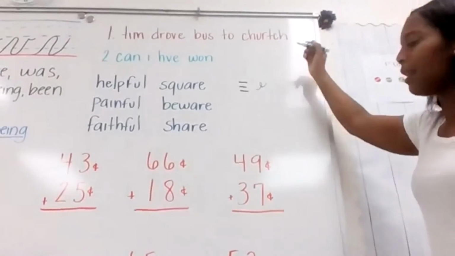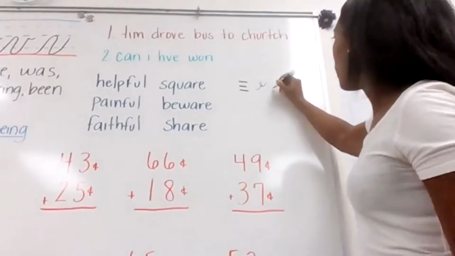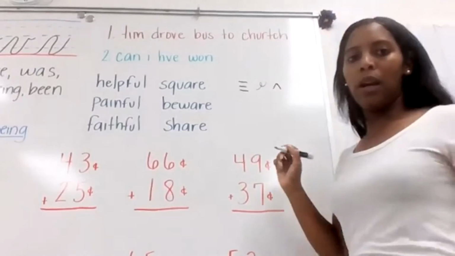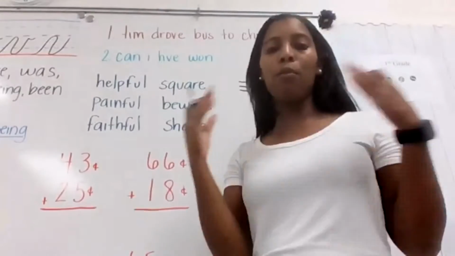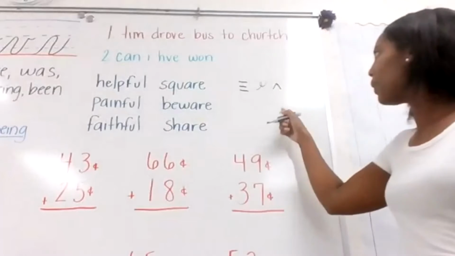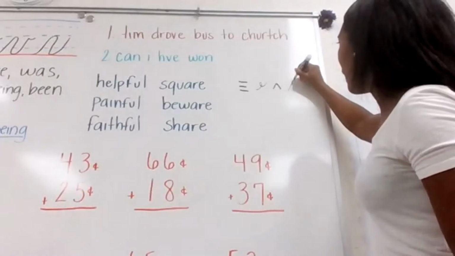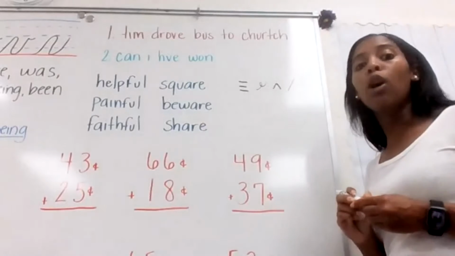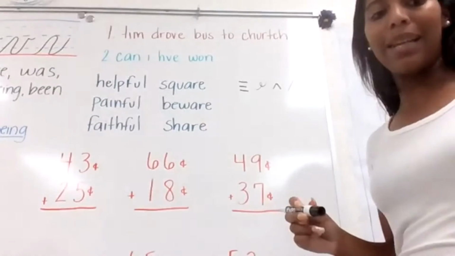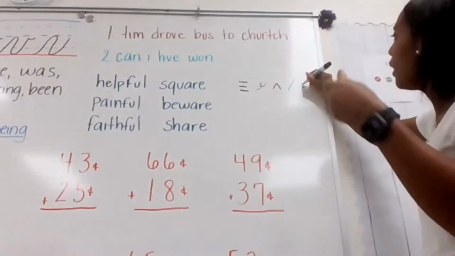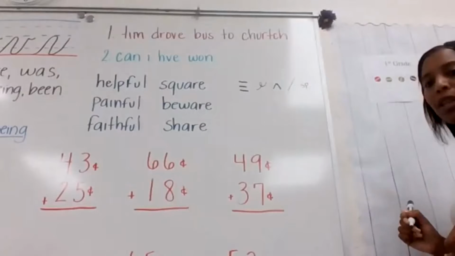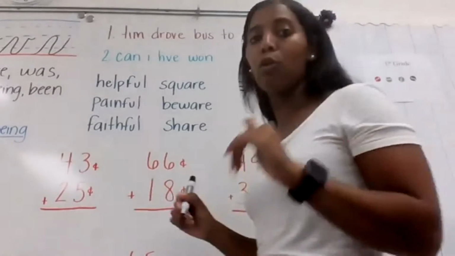We have the insert, where if we need to put punctuation or add a word to make the sentence complete. We have the line here, which means to lowercase something that shouldn't be capitalized. And then we have SP, which is the spell check, whenever something is spelled incorrectly.